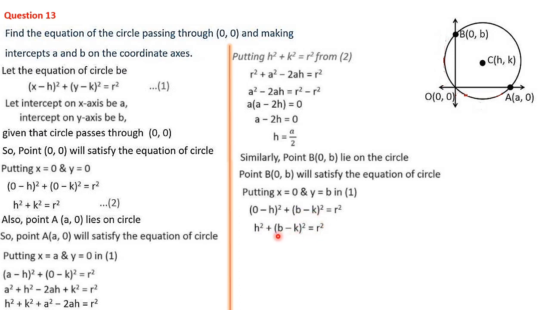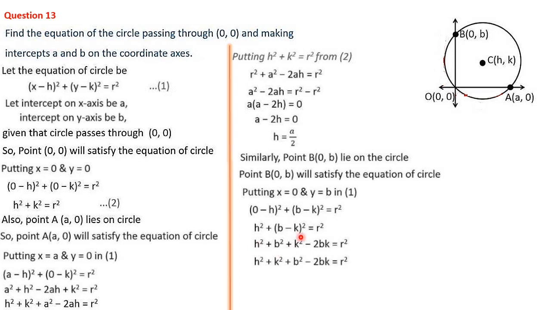We can expand this using the a minus b the whole square expansion: h square as it is, and b square plus k square minus 2bk, equal to r square. Then again h square plus k square is r square, so we arrange it in that way.